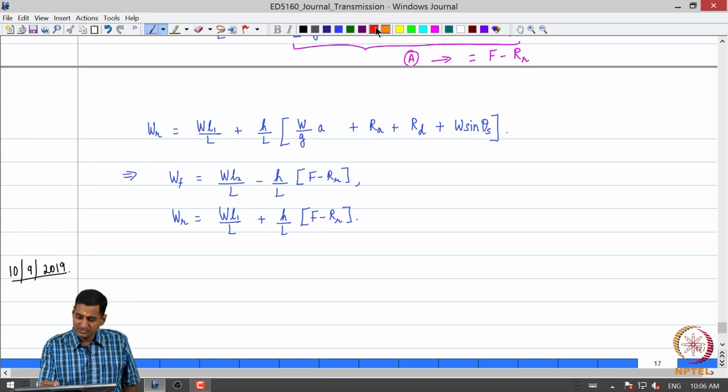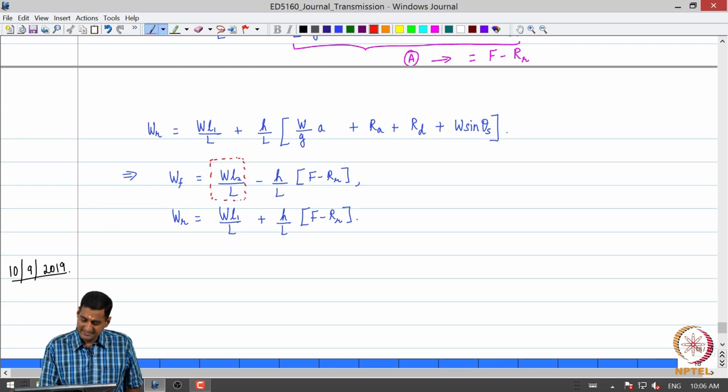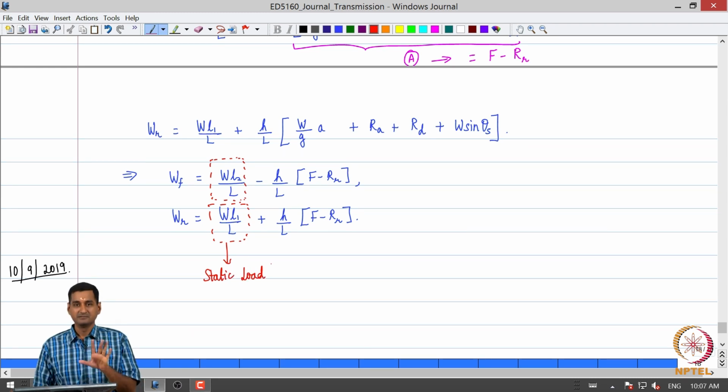So if you look at these two expressions, if we look at the first term on the right hand side of these two expressions, we can immediately observe that these indicate the static load on the front and the rear wheel respectively.